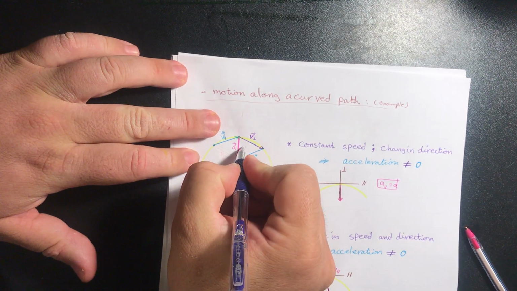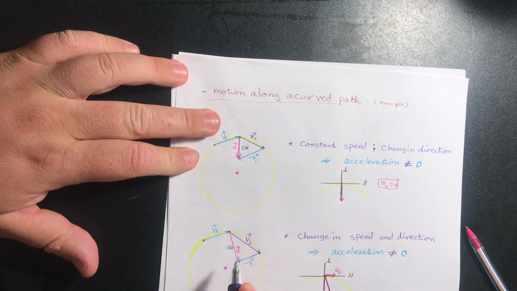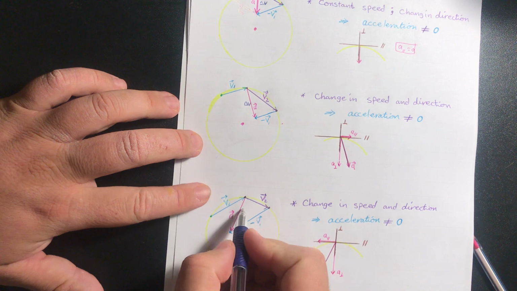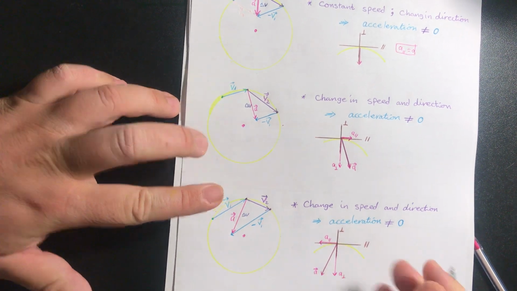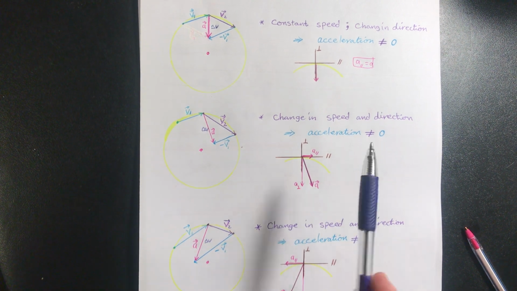This is delta v, but if we divide over the time, it will be the acceleration. Now, what is the change in velocity?